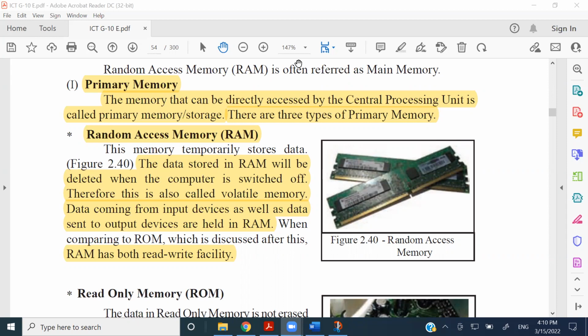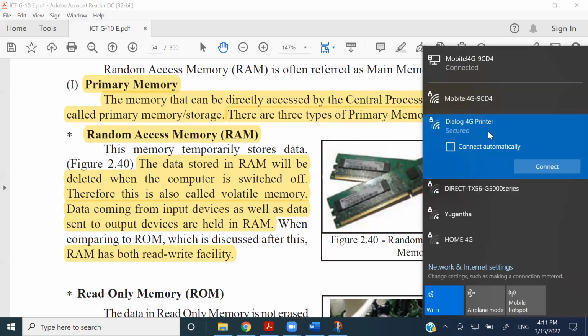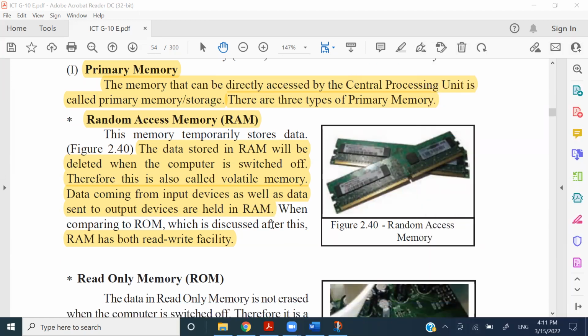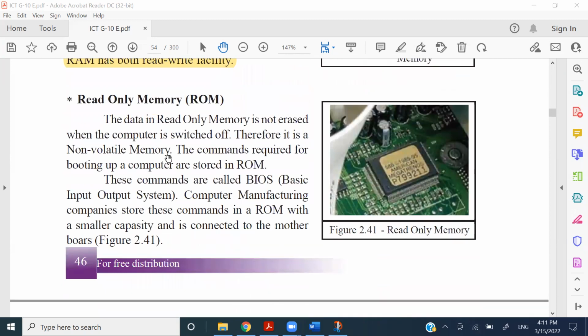Okay, can we move forward, people? Right, moving to the read-only memory.